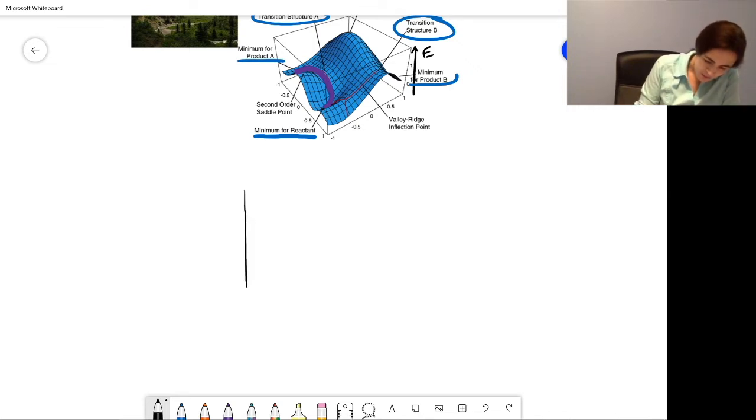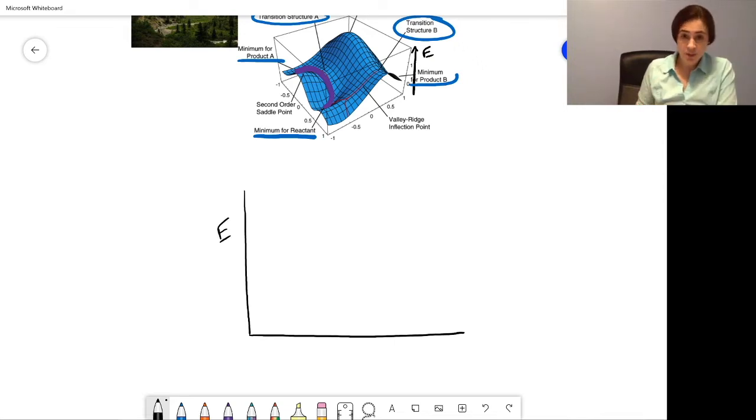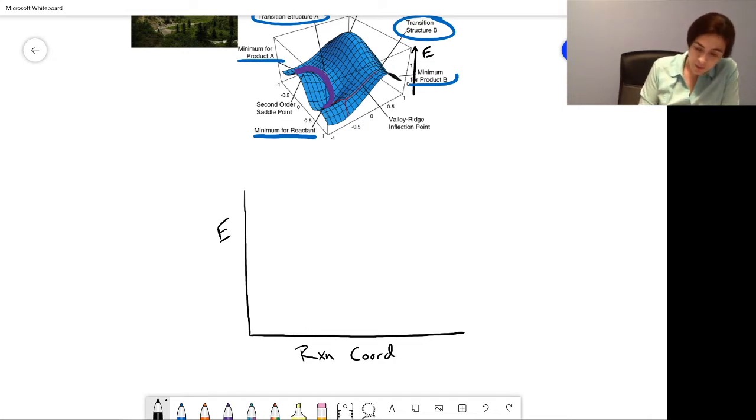We've seen these before, so hopefully this is nothing new to you, but we're going to introduce this now. Instead of in conformational analysis, we're going to talk about potential energy surfaces in terms of reactions.